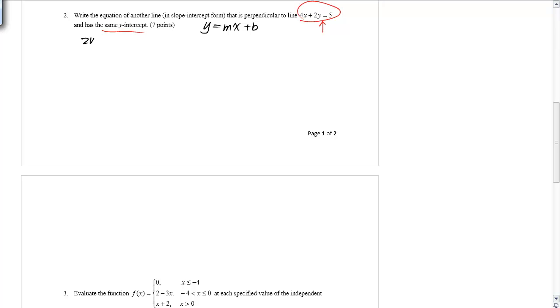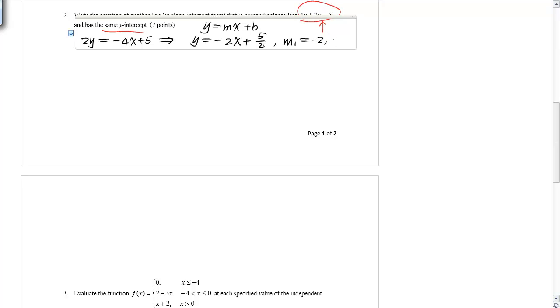Therefore, we move 4x to the right-hand side, negative 4x plus 5, and then the whole equation divided by 2, y equals negative 2x plus 5 over 2. Therefore, m1, which is the slope of the given line, is -2, and the y-intercept is (0, 5/2).